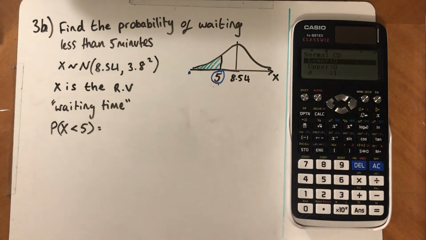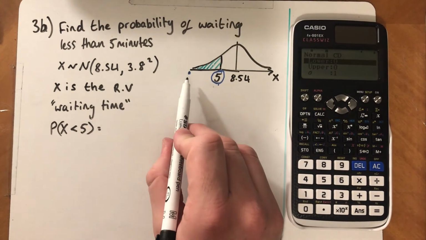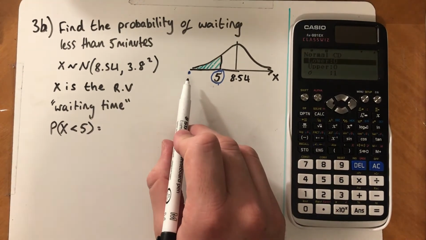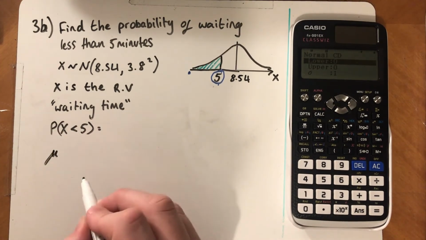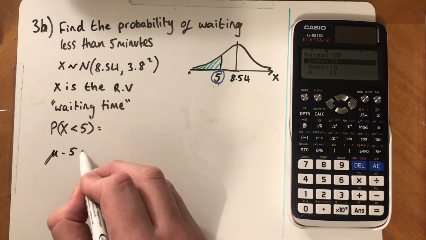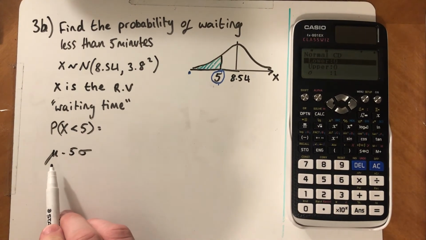The lower bound is going to be the value down here. What I would suggest is to use a value that is at least 5 standard deviations away from the mean. In order to calculate this lower bound, we're going to do the mean, which is mu, minus 5 times the standard deviation. So we get a value which is 5 standard deviations away from the mean.